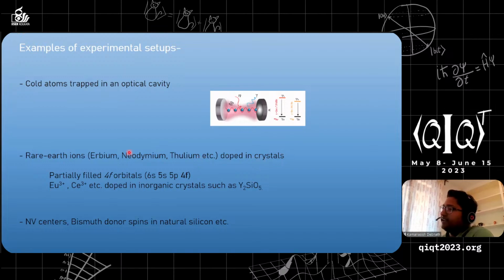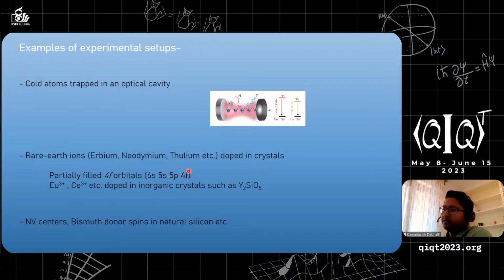They have partially filled 4f orbitals. And if we remember our high school chemistry, the 4f orbital is filled much later than the 6s, 5s, and 5p. Although 4f is located much further inside, with a principal quantum number of 4, it is believed that the outer orbitals shield the partially filled orbitals from the interactions of the crystal.